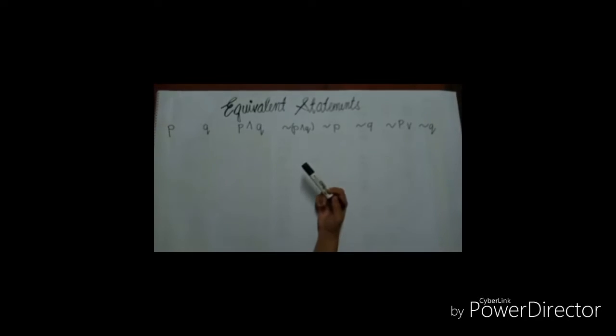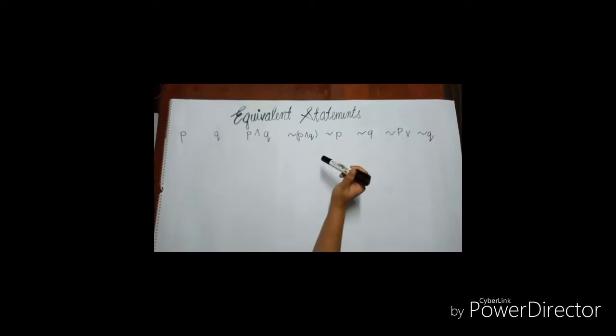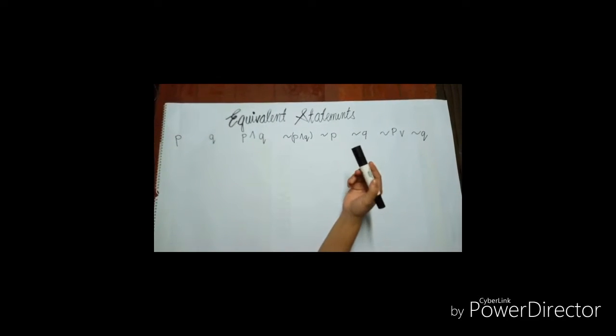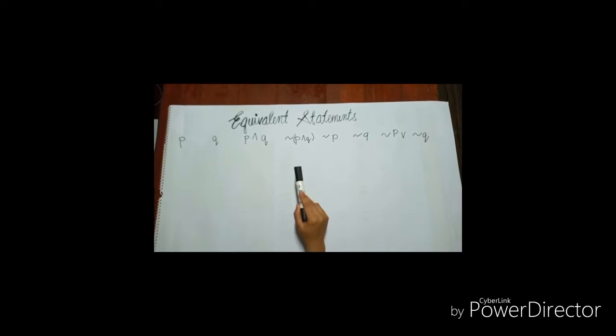In this video, we are going to tackle equivalent statements. Two statements are equivalent if they both have the same truth value for all possible truth values of their simple statements. Equivalent statements have identical truth values in the final column of their truth tables.